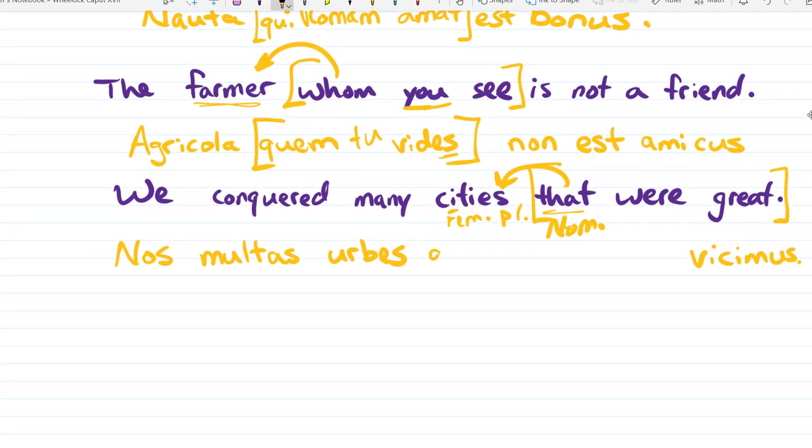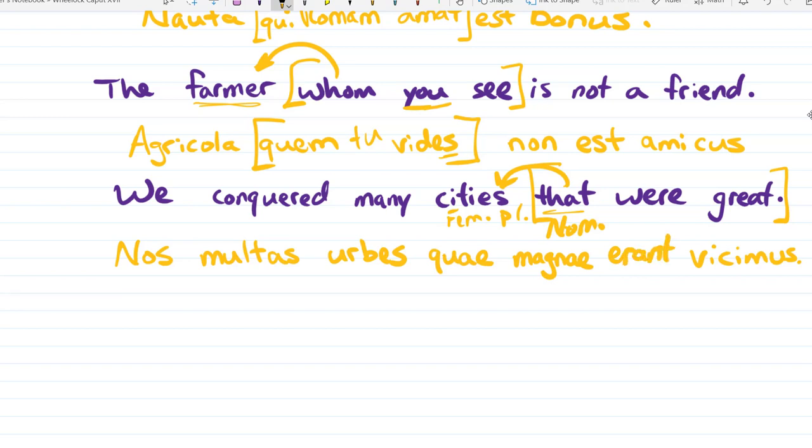So the cities, and then you would want to say quae, and then you could say quae magni, if you want to say that, and then were, so we'd say erant.